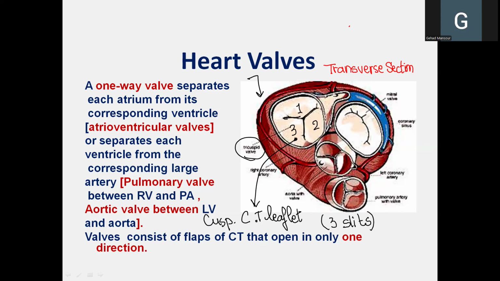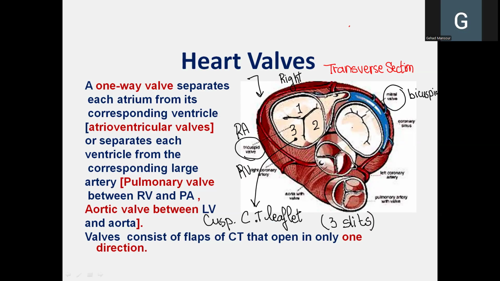On the other hand, this is on the right side of the heart. And this valve, the tricuspid valve, regulates the flow of blood and separates the right atrium from the right ventricle. On the other hand, we have the mitral valve, which also has another name, the bicuspid valve.